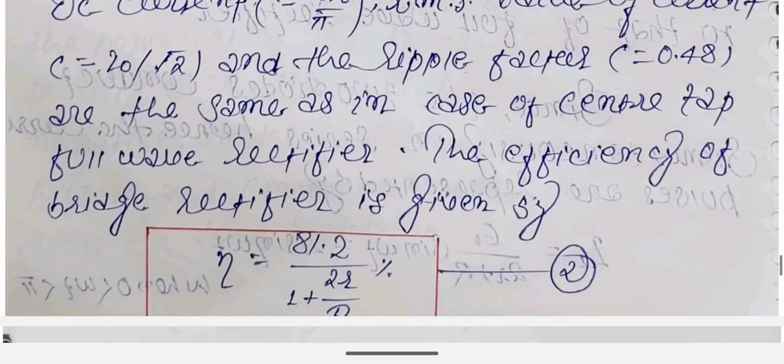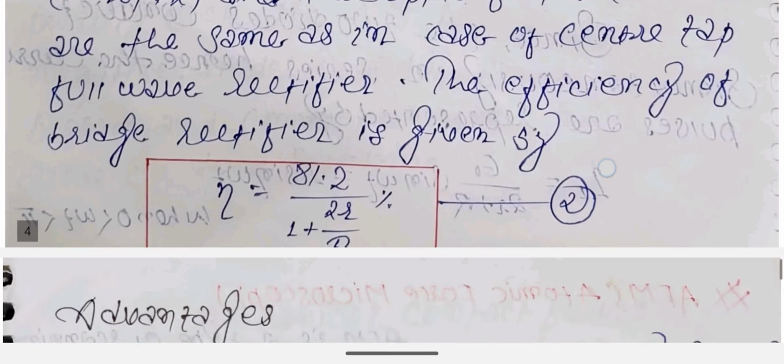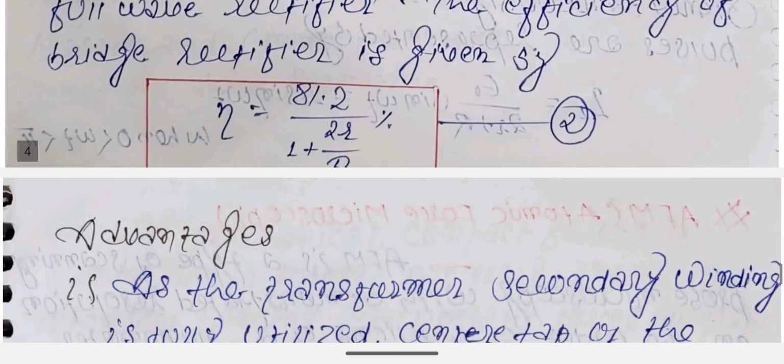The efficiency of the bridge rectifier is given by η = 81.2 / (1 + 2r/R) percent. This is equation 2.